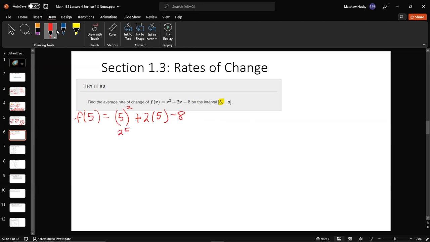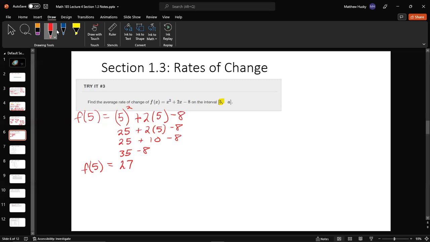That is 25 plus 2 times 5 minus 8. That's going to be 25 plus 10 minus 8, which is 35 minus 8, also known as 27. So that's f of 5.